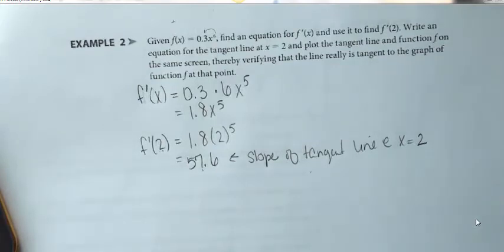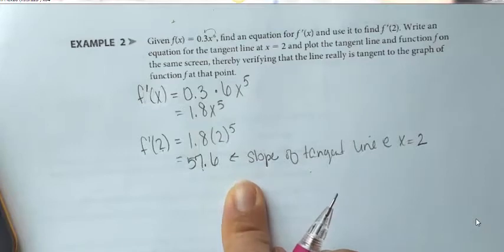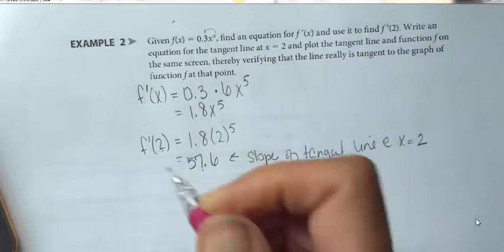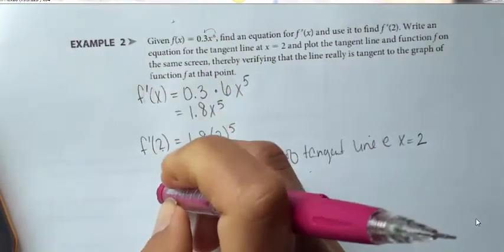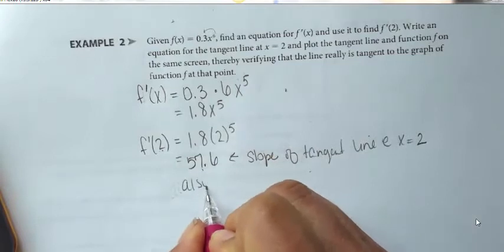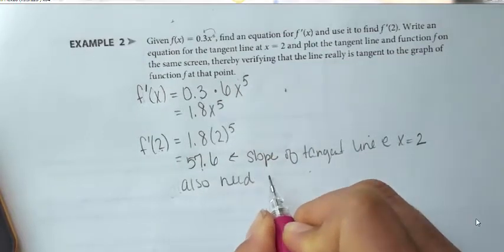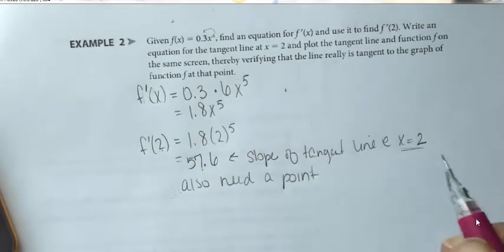Okay, so I've got a slope, but in order to do an equation, I also need a point. I'm just going to write that down for you guys. So I also need a point. And the point I care about is when x equals 2.